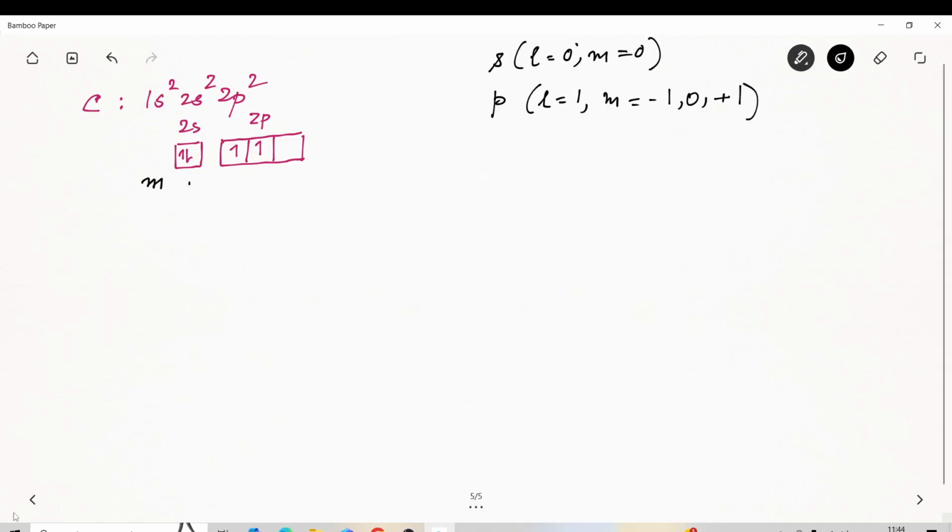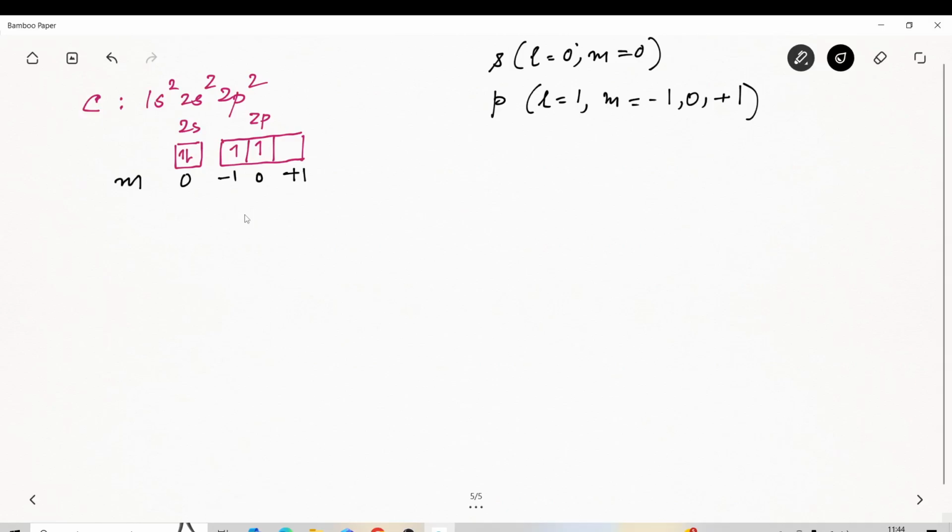So these are the values of the magnetic quantum number. If we write down the values of m here, this is 0, this is minus 1, 0, plus 1. You can also write it the other way around, giving plus 1 here. Usually you will understand later that when m is equal to 0, it is the pz orbital.